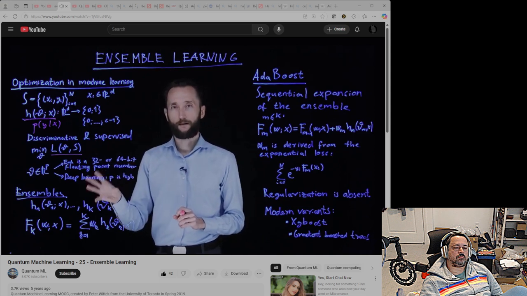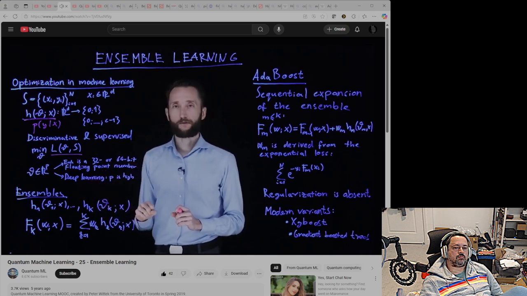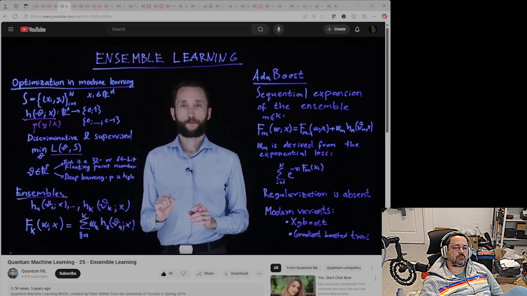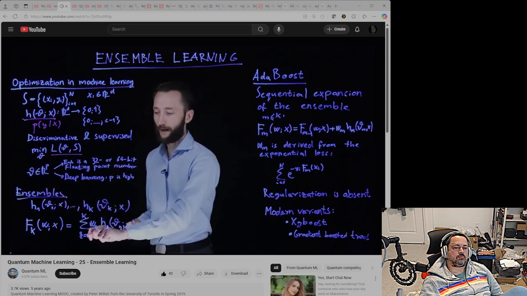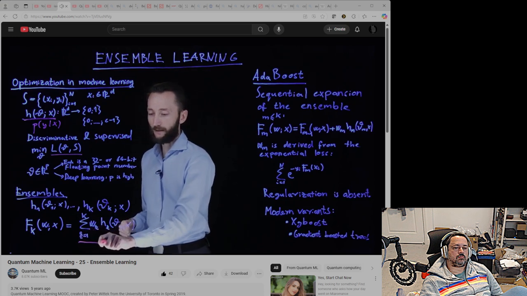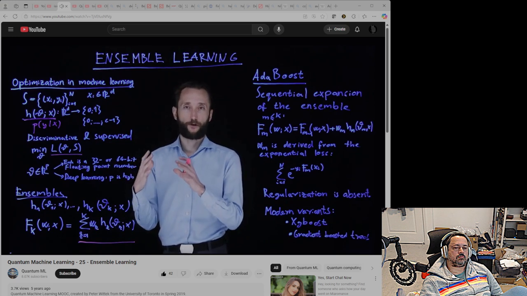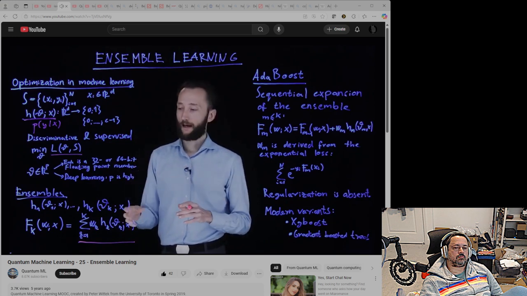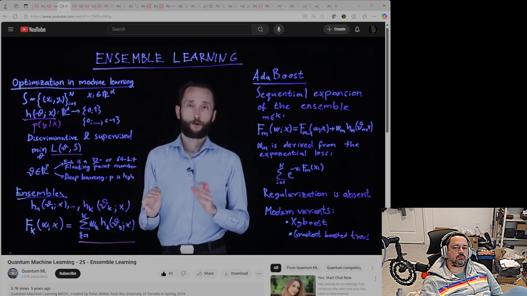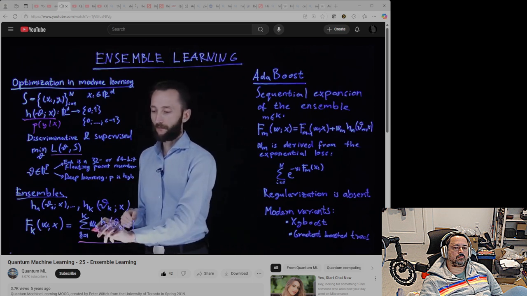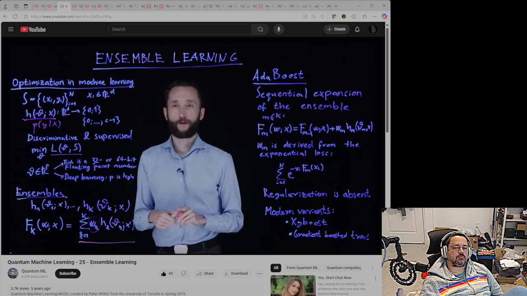So let's take a look at ensembles. In ensembles, for instance, you can take a couple of large neural networks, and what you want to do is combine them into a single strong predictor. For instance, each of these neural networks gets a couple of instances wrong, and there would be other neural networks who would compensate for that mistake. How you combine them is a big open question.